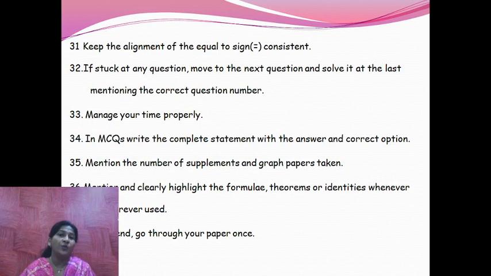Don't be overconfident. Overconfidence always results in losing marks, students. So checking the paper is always beneficial. Check your answer sheet right from the beginning. Also check your question paper, in case you have by mistake left any question.